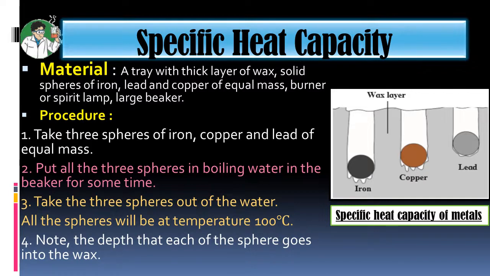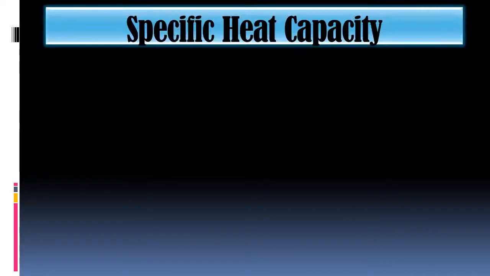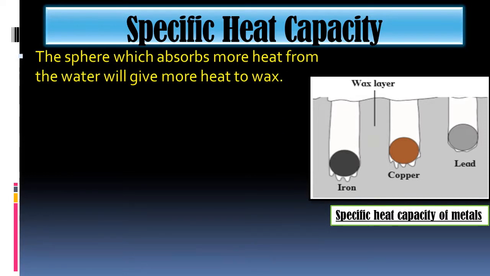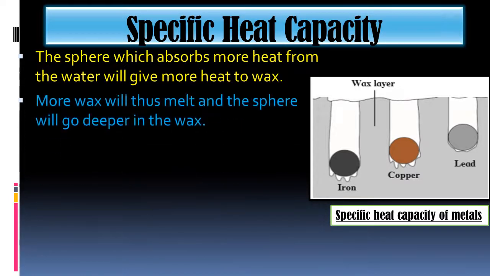Now let's understand the observations. The sphere which absorbs more heat from the water will give more heat to the wax, and more wax will thus melt, and the sphere will go deeper into the wax. That means the sphere of the metal which absorbs more heat from the water will go deepest into the wax layer.